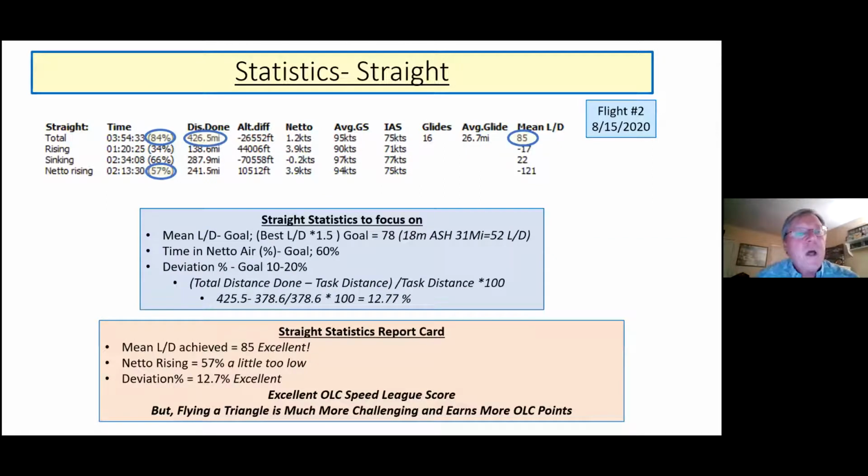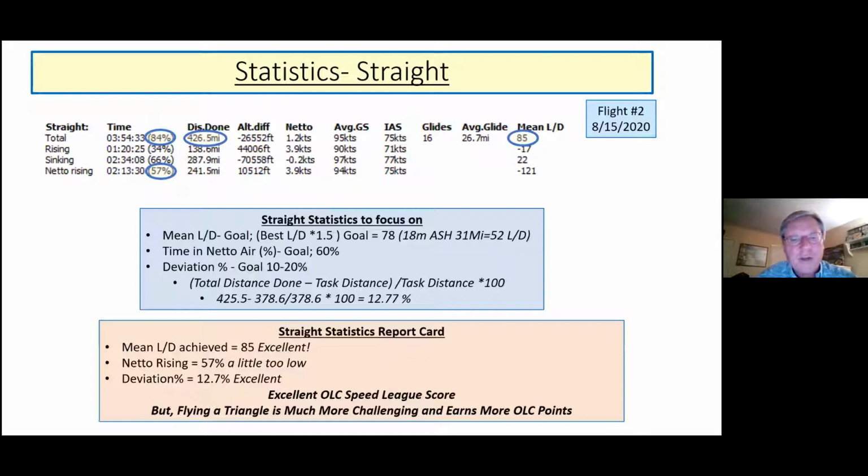I guess after this, straight, how did I do? 84% straight and a mean L over D of 85. So that's meeting those goals pretty nicely. Deviation was much lower, much straighter flight, as you saw. Could have even deviated a little bit less if I'd done a little bit better job, perhaps.